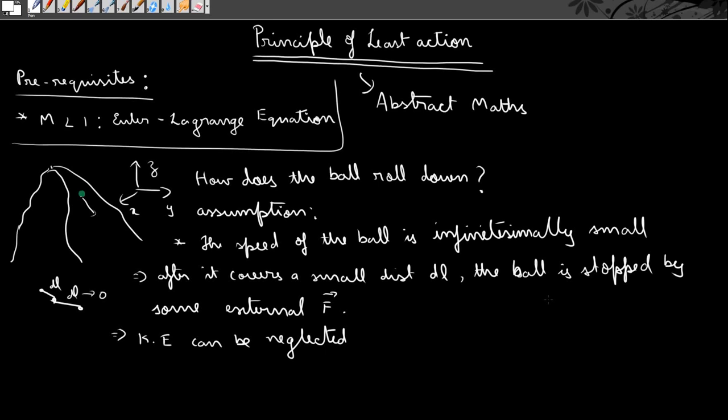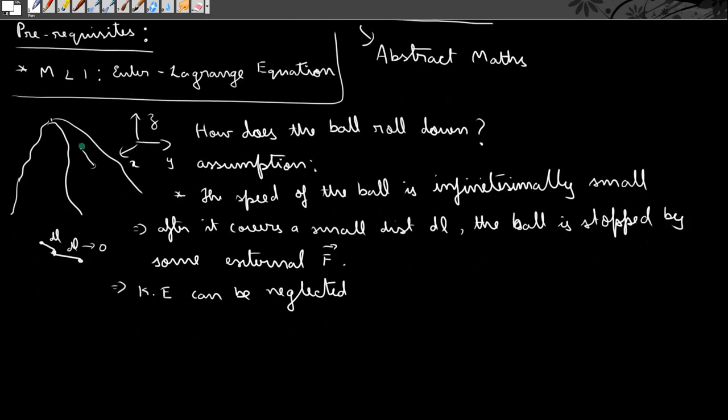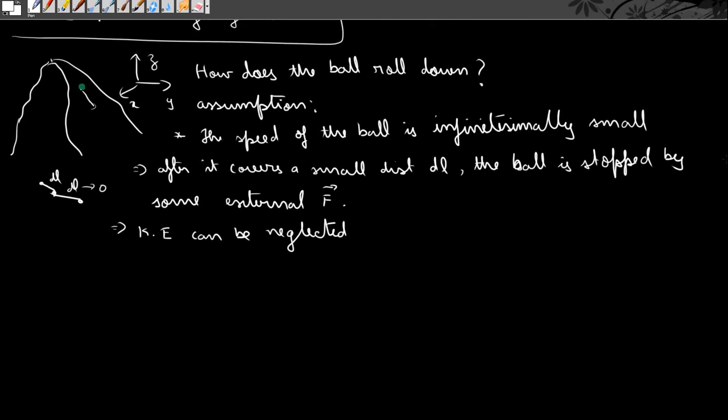Okay, so with this, how does the ball roll down? Of course it is rolling down very slowly, but it is going to follow a particular path as it rolls down the hill. Okay, so let us say that that particular path is something like this.